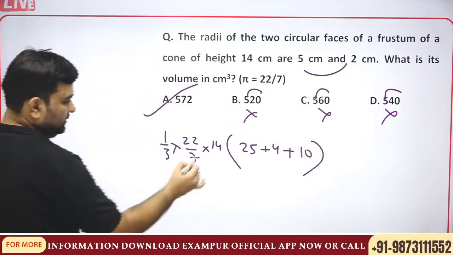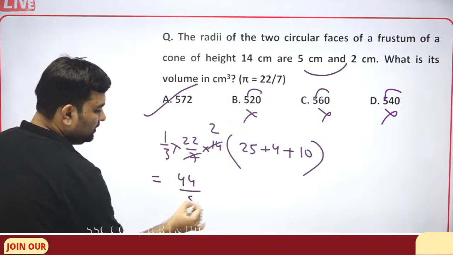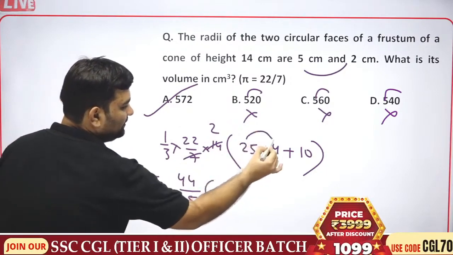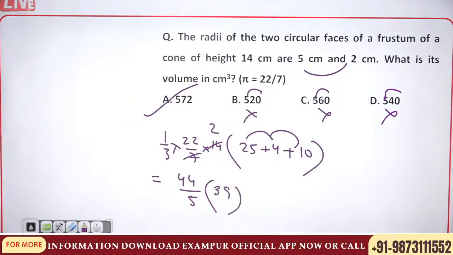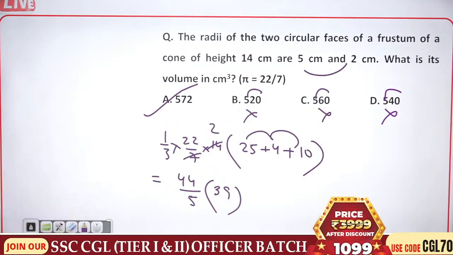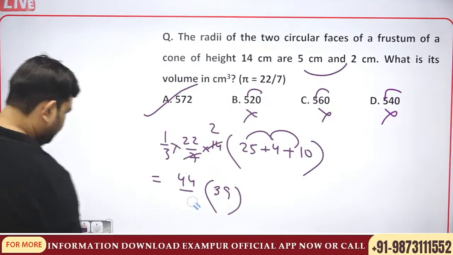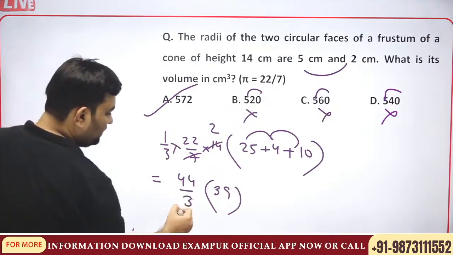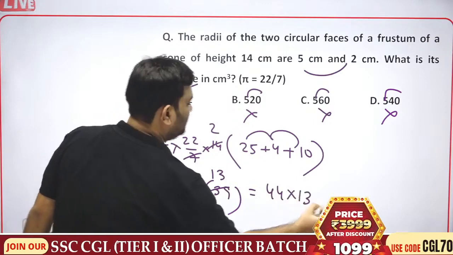Fatafat. Okay, 14, 1 by 3. It was 3. 44 into 13, 572.